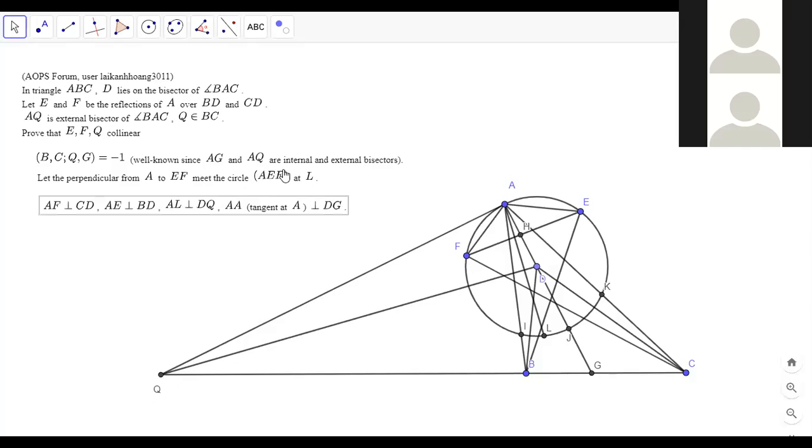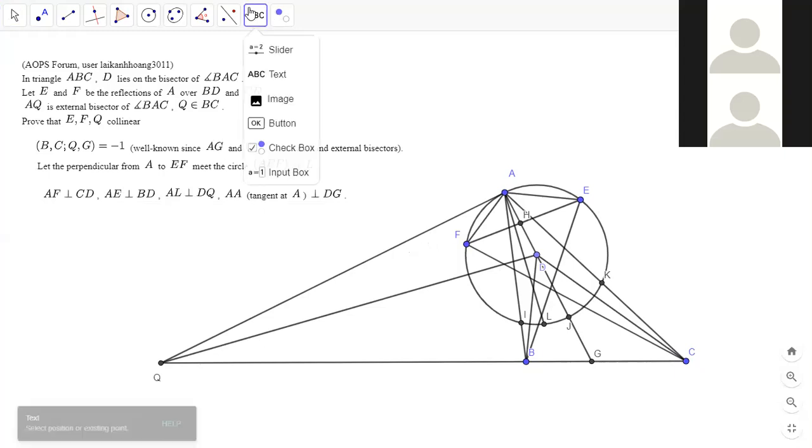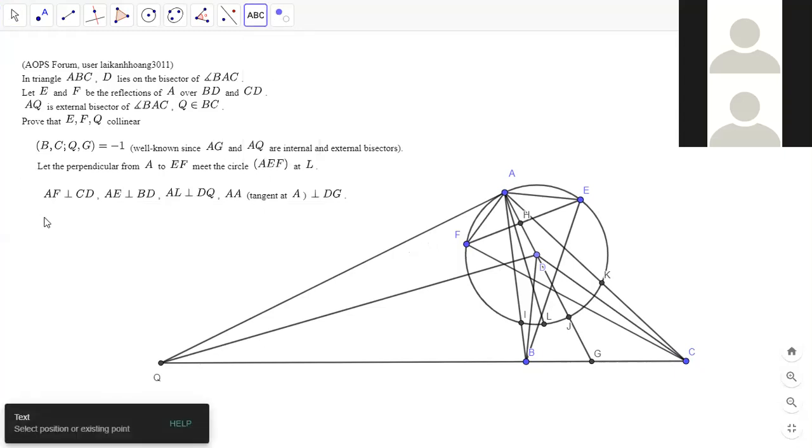So since they're all perpendicular to the four lines through D, AF, CD, BD, the angles between these are the same. So that means that AF, AE, AL, AA.